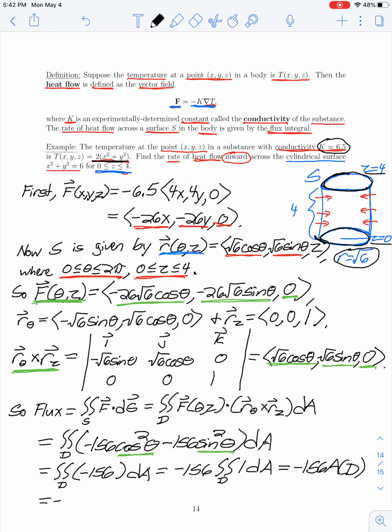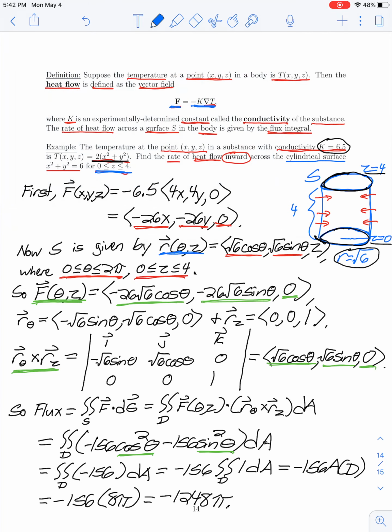So we're left with negative 156 times the area of that parameter domain, which we just said was 8 pi. So that leaves us with negative 1,248 pi.